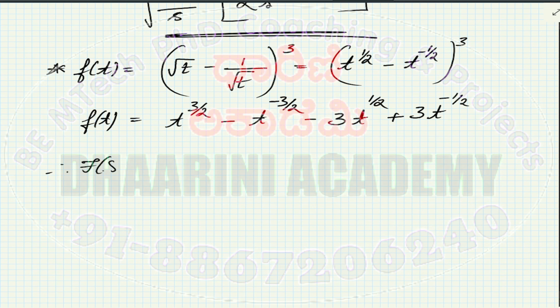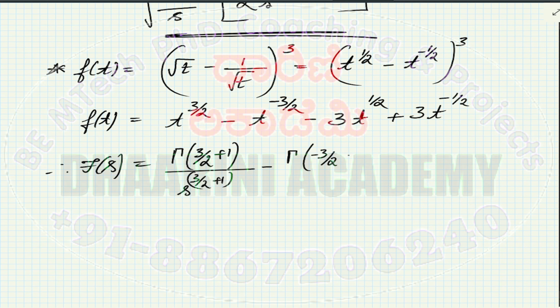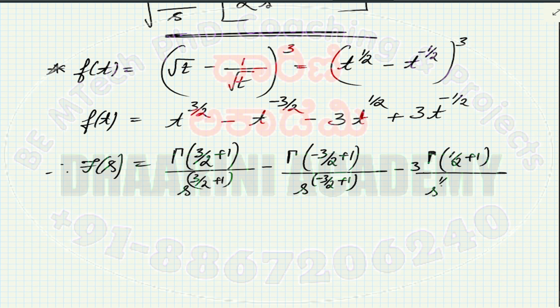Then therefore f of s is equal to, see, t to the power 3 by 2, I can write this as gamma of 3 by 2 plus 1 whole divided by s to the power 3 by 2 plus 1, minus gamma of minus 3 by 2 plus 1 whole divided by s to the power minus 3 by 2 plus 1, minus 3 times gamma of 1 by 2 plus 1 whole divided by s to the power 1 by 2 plus 1, and the last term is plus 3 times gamma of minus half plus 1 divided by s to the power minus half plus 1.